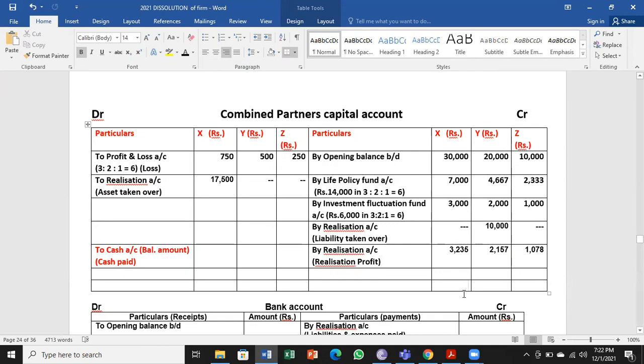43,235. So credit is more here. Remember, carefully total the individual partners' values.